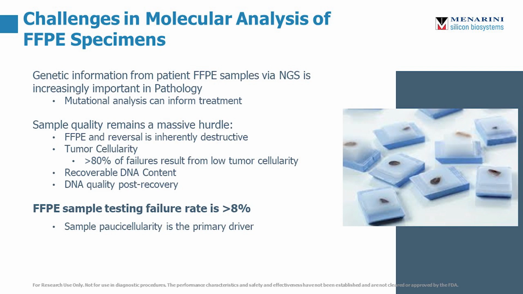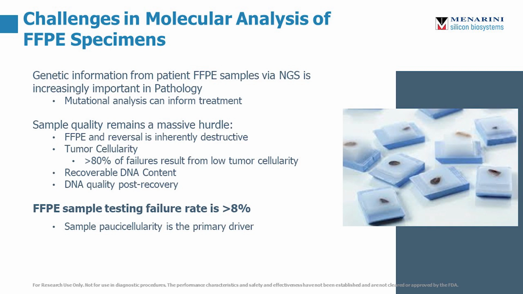But one of the big issues here is that sample quality remains a massive hurdle in trying to do these analyses. One of the big challenges is that formalin fixation, paraffin embedding, and the reversal of those processes is inherently destructive to nucleic acids. Tumor cellularity is an enormous part of this as well.